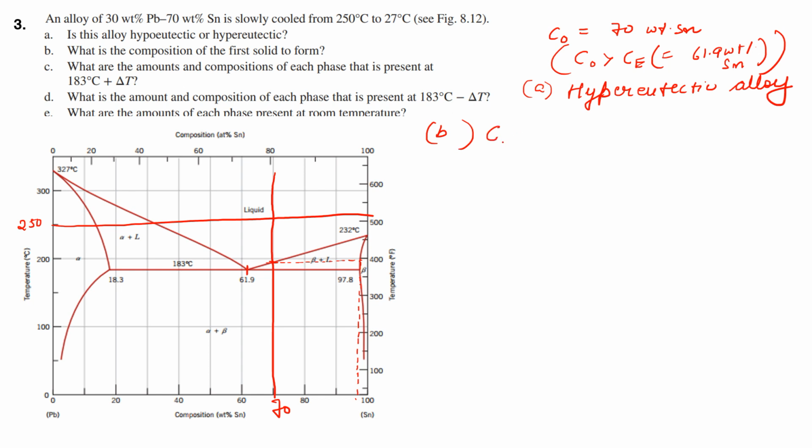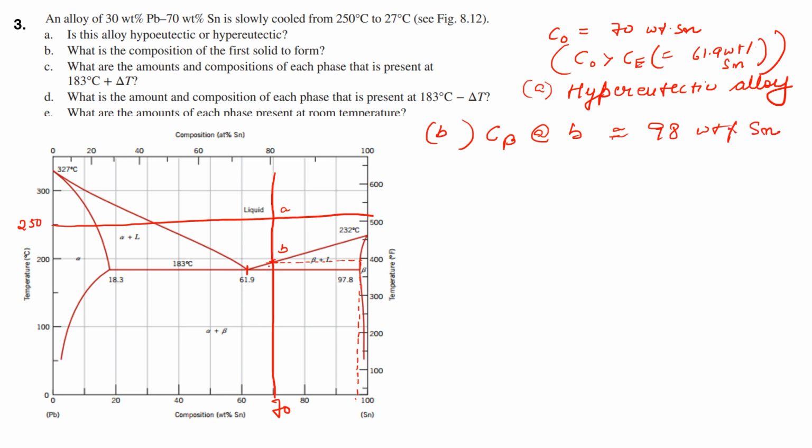So C beta at this point, let's say point B, is given by approximately 98 weight percentage of tin, right?